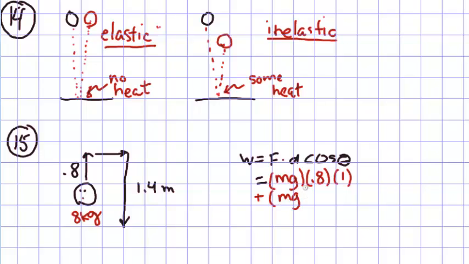M is 8. The distance is unknown, but it doesn't matter because the force is upward through this section, but the distance is sideways. Upward force, sideways distance. That's a 90-degree angle, and cos of 90 is 0.